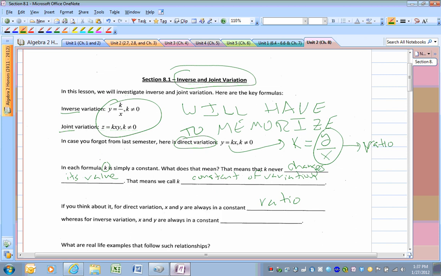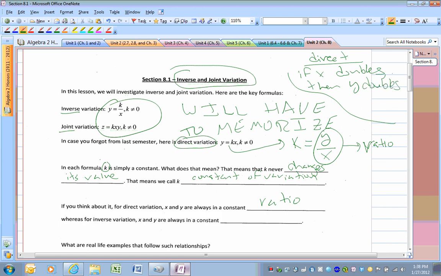So now here's the reason why it's called direct variation. For direct variation, because it's in a constant ratio, if x doubles, then y doubles. Here's the reason why.